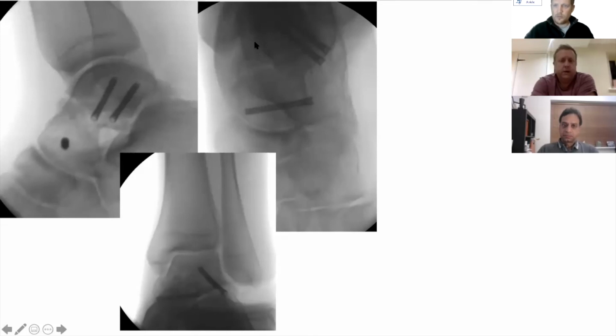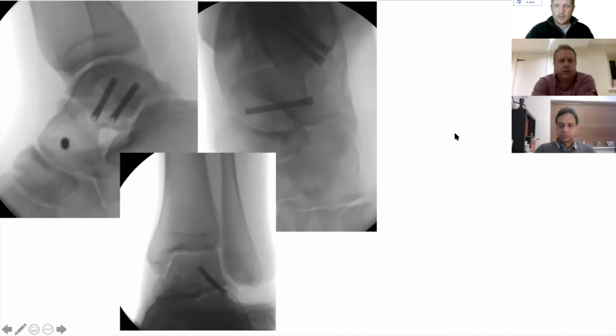And then a single screw lagging across the split in the talar head, all of which can be approached through that same incision. So that was very minimal fixation, and he's back climbing, but I haven't got any of his post-op films. That's a few years ago.